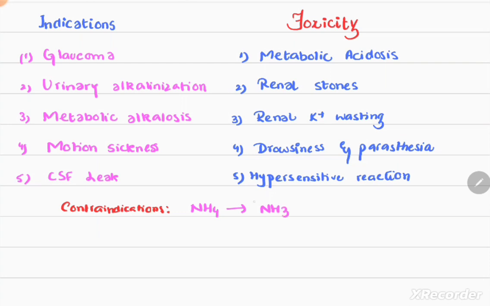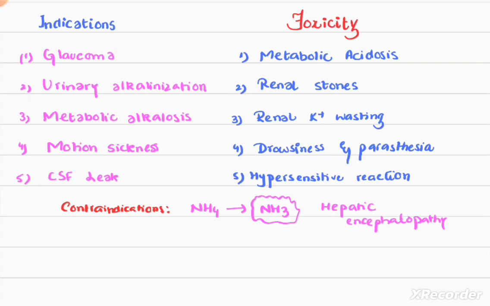And in the patients who have a condition called hepatic encephalopathy, which is basically a condition in liver failure in which there is an increased accumulation of ammonia in the body, it results in the loss of consciousness in the patient, and it can also induce coma in patients with liver failure.